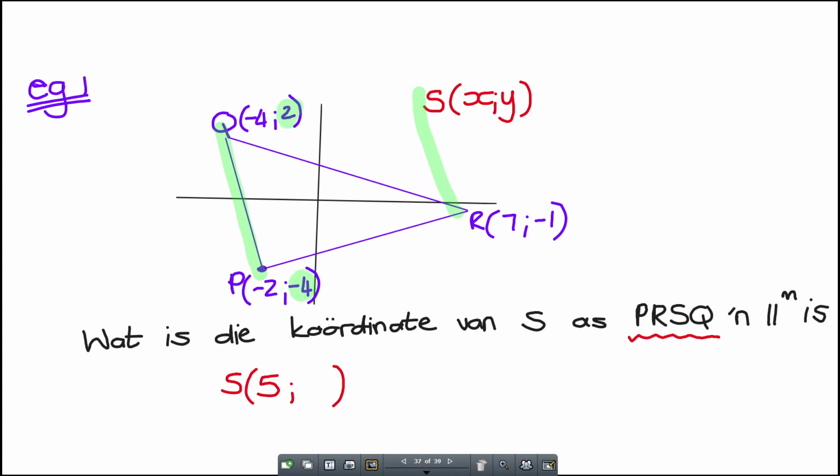So die afstand tussen daai tweekies, die eenhede gaan wees 6, nee? So I need to have this as 6 units too. So if I go from -1, 6 units up, means that this y value will also be 5. So jou koördinate van S is waar x is 5 en y is 5. So who got that one?